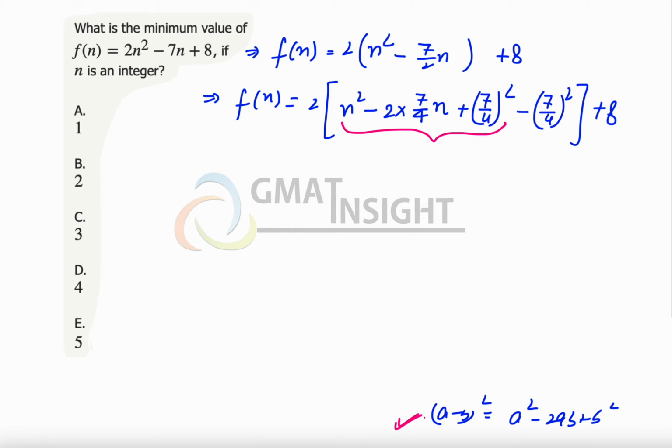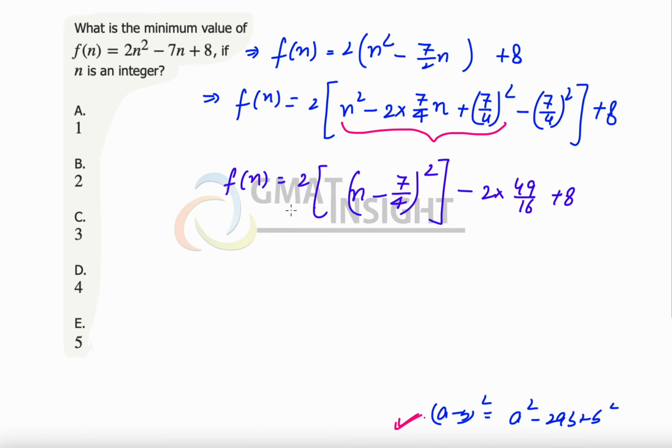Now I've been able to convert it into the format I wanted to achieve. So f(n) is equal to 2 times (n − 7/4)², and then I take the other part out of this bracket, so this becomes negative 2 times 49/16, plus 8.